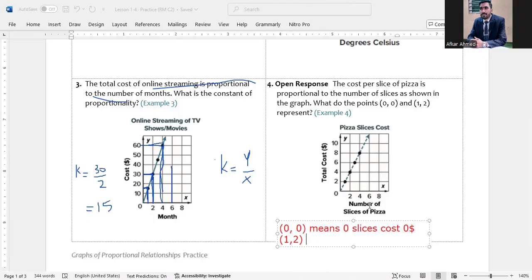If you buy one slice, how much is the cost? I can see from this point the price is 2. So I will write here that one slice costs 2 dollars.